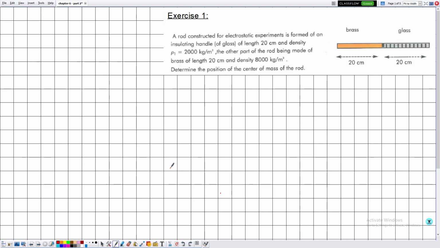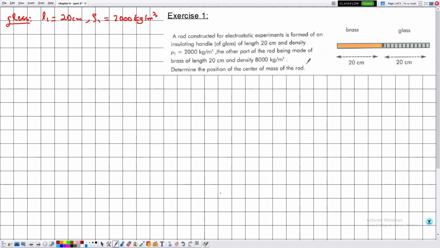A rod constructed for electrostatic experiments is formed of an insulating handle of glass of length 20 centimeters. So let me say here that the glass is made up of length L1 equal to 20 centimeters and density ρ1 equal to 2000 kilograms per meter cube.